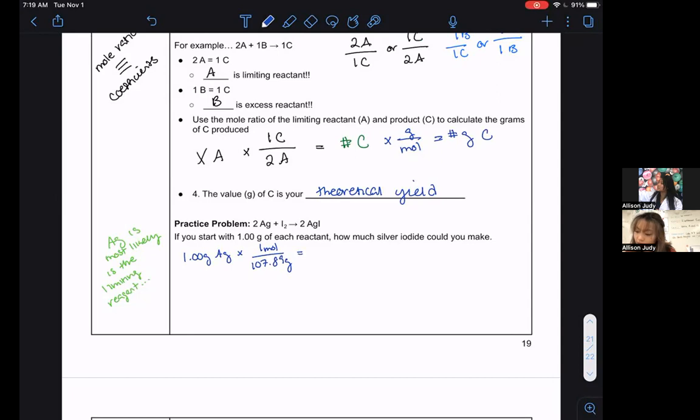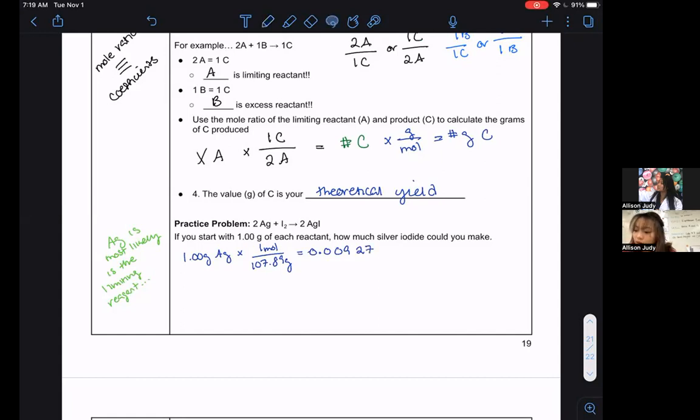So 1 divided by 107.89, and I get a value of 0.00927.